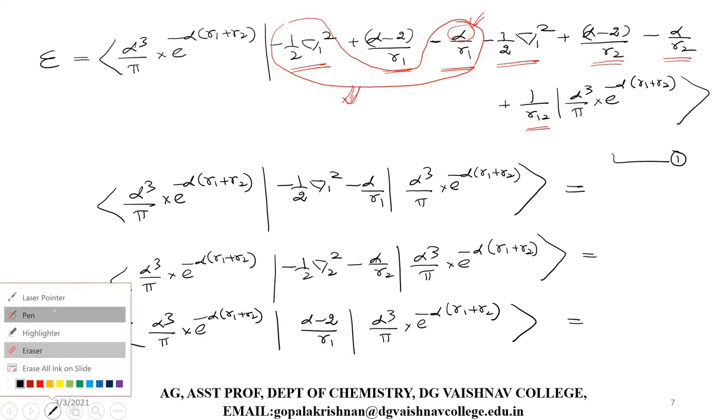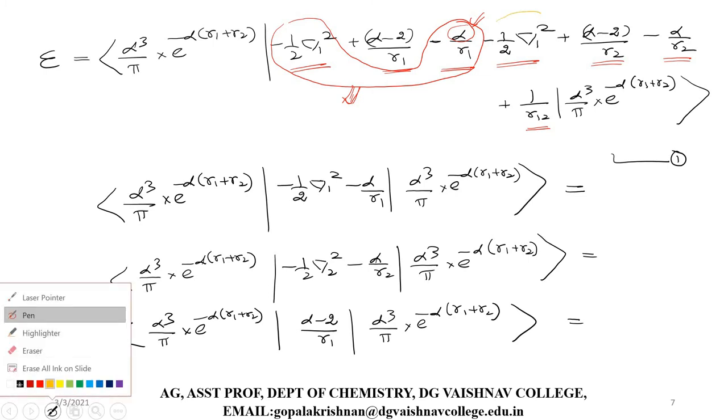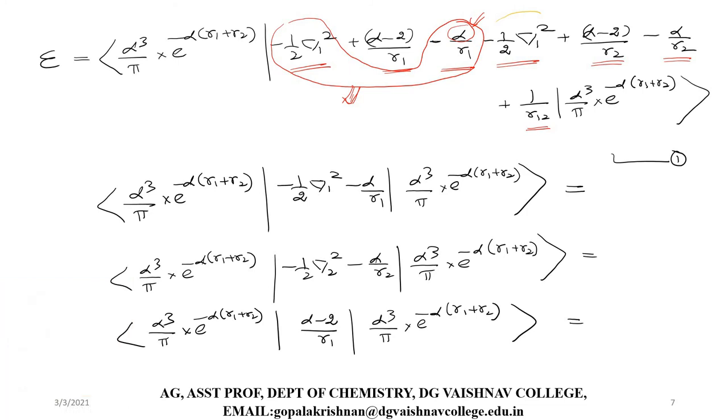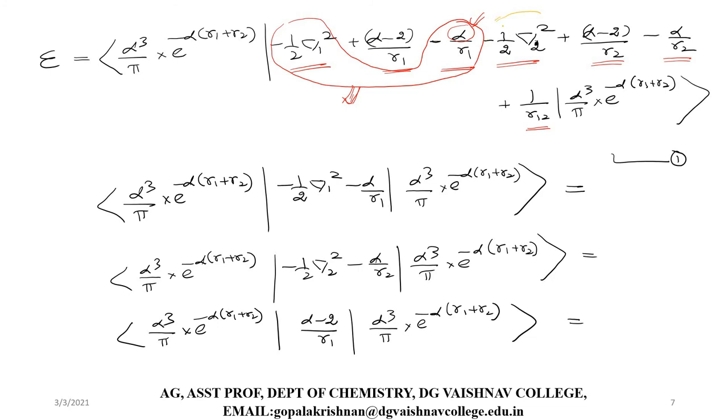Take the kinetic energy of electron 2, 1 by 2 del 2 square. Now I am going to combine the term minus 1 by 2 del 2 square with the minus alpha by r2. This is another one-electron Hamiltonian, which also looks like a hydrogen-like Hamiltonian.